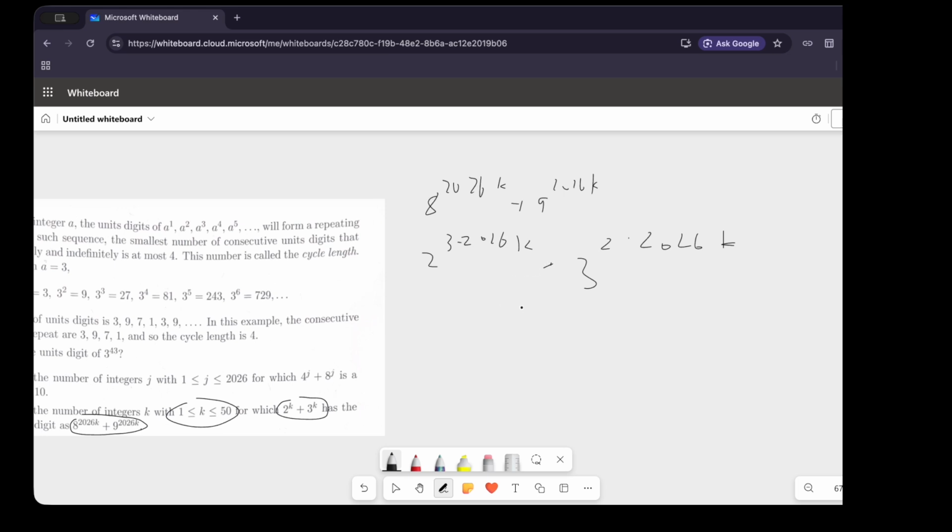Then we list 2^k plus 3^k below it for comparison, and also list the cycles for the unit digit. For 2 it is 2, 4, 8, 6, and for 3 it is 3, 9, 7, 1.